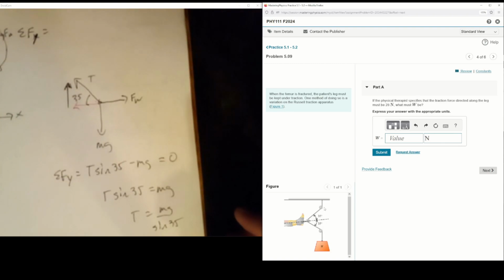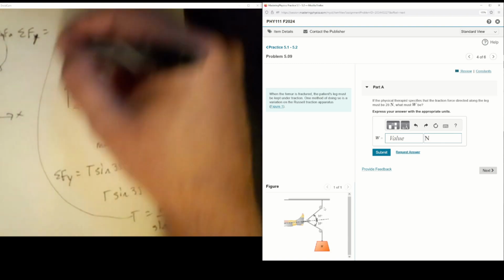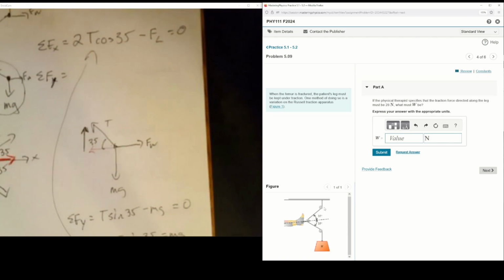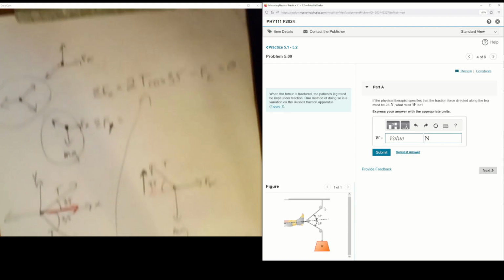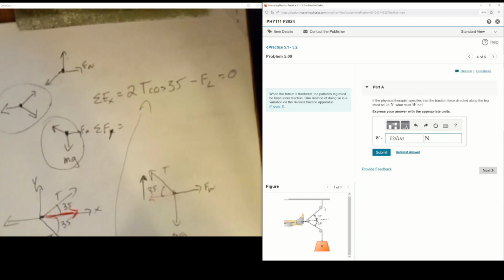And the reason we're going to want that is so we can stick it way back up into there. So that's what I'm going to do. So we'll have 2 tension, which is mg over sine 35, and then this is cosine 35, equals the force on the leg.